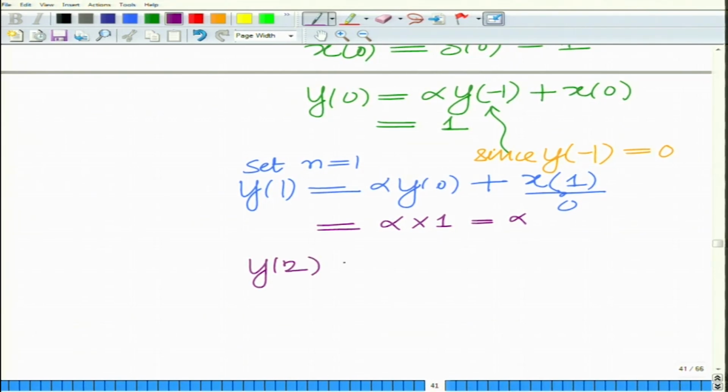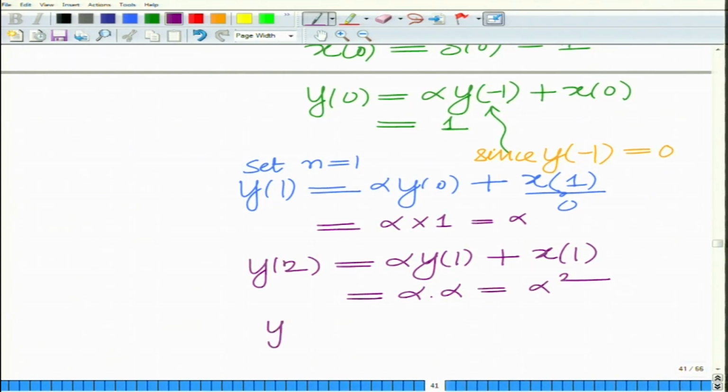Similarly, y of 2 equals alpha times y of 1 plus x of 2, and x of 2 equals 0, so this becomes alpha squared. y of 3 equals alpha cubed, and so on.